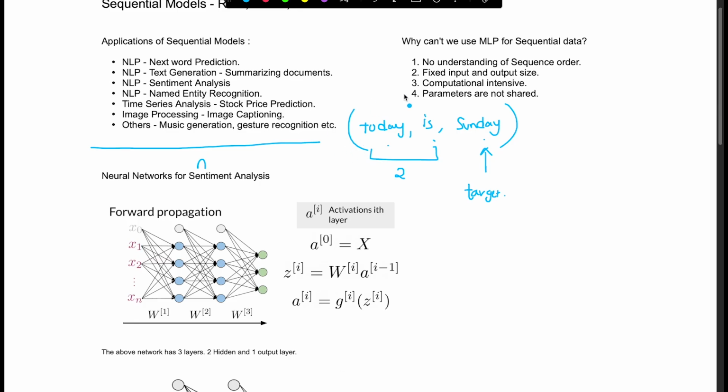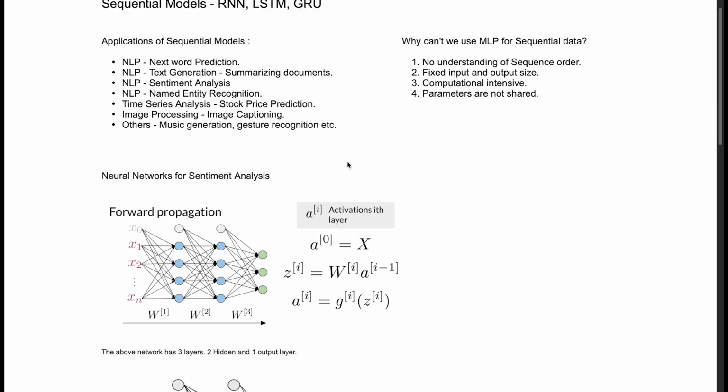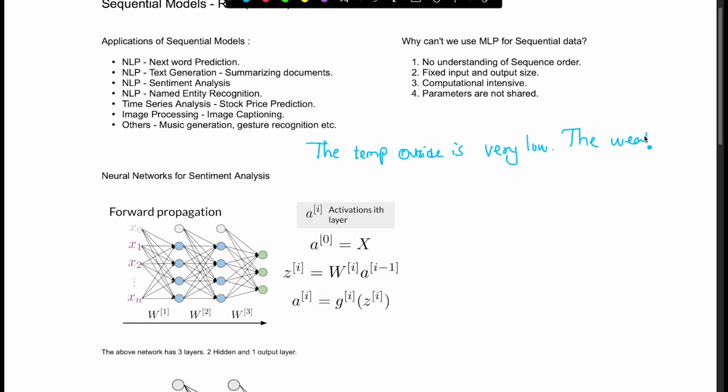The complete meaning could be changed. Let's consider this particular example: the temperature outside is very low. The weather is blank. Is it going to be cold or hot? Or sunny? We do not actually know if you are looking at a trigram model.